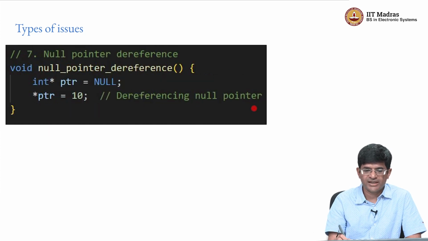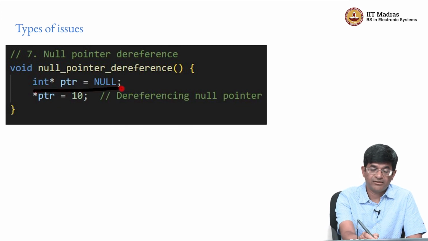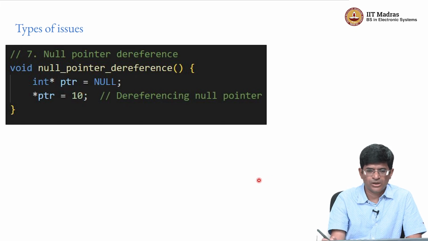Null pointer dereference is again a standard problem with code. I have declared a pointer, in fact I have explicitly made it null, but then I try assigning something to it. This is equivalent to saying write the value 10 into memory location 0. Now in practice 0 is usually considered a reserved memory location just so that you can make use of the null pointer, and on any C based system pretty much this would be considered dereferencing the null pointer.